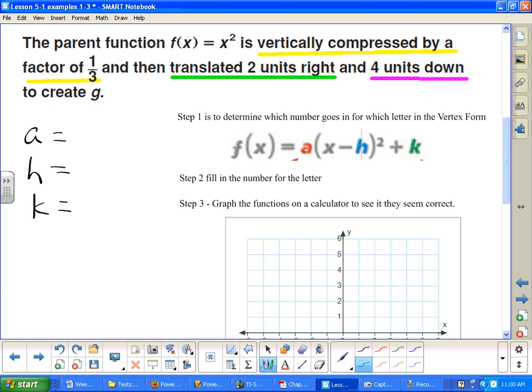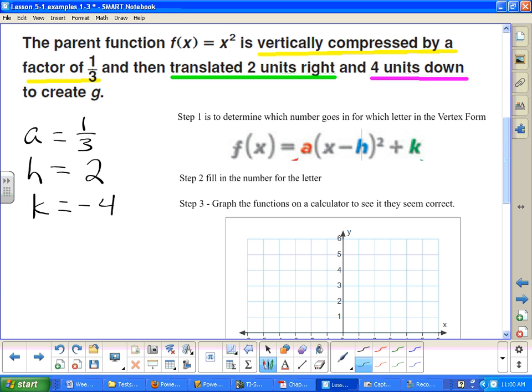Okay, 1/3, because it says it's vertically compressed by 1/3. So A is 1/3. H says it's translated 2 units to the right, so H is going to be positive 2. What if it said to the left? Then it would be negative 2. And 4 units down would be K is negative 4.